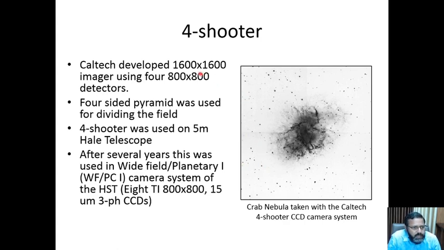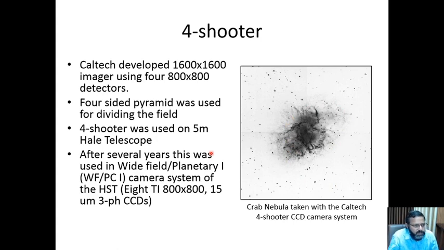So Caltech did a technology demonstration. They developed a wide field imager using 4 detectors. They called it the four shooter, and they used it with the 5-meter Hale telescope. And this is the Crab Nebula image taken by the 4 detectors which were stitched together.